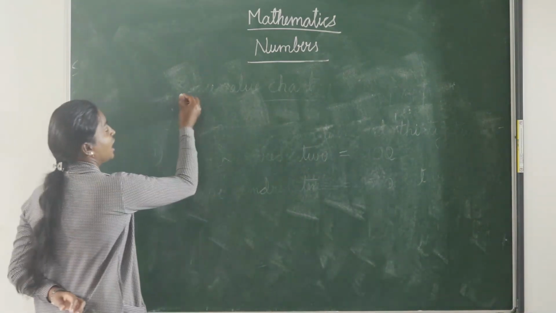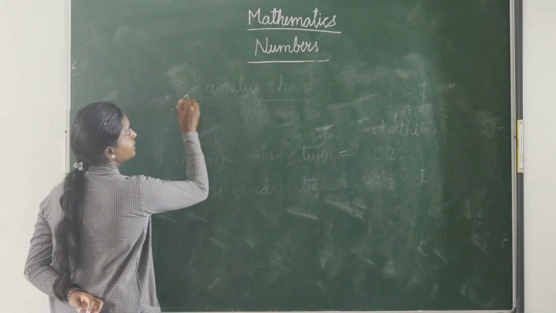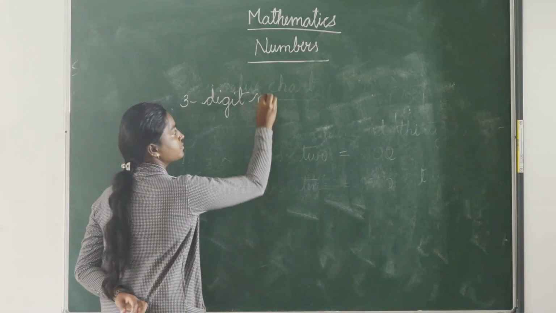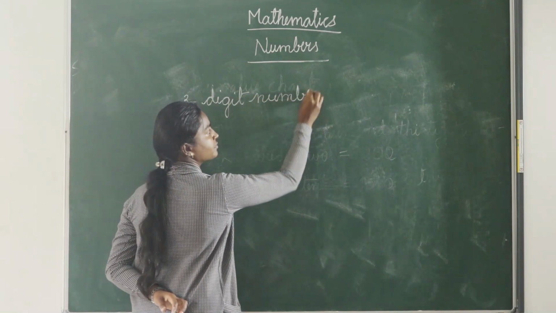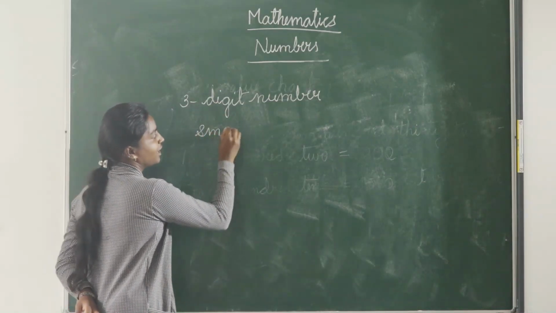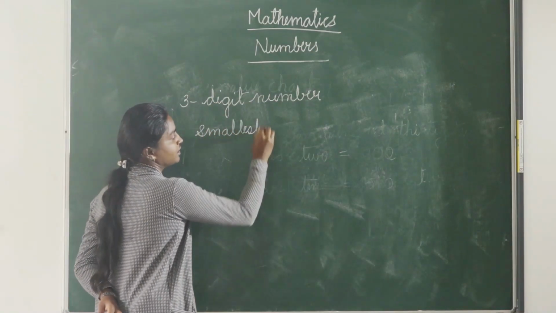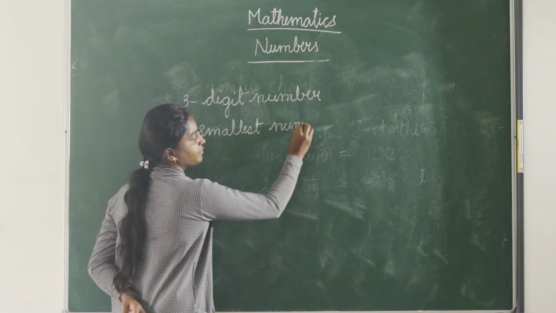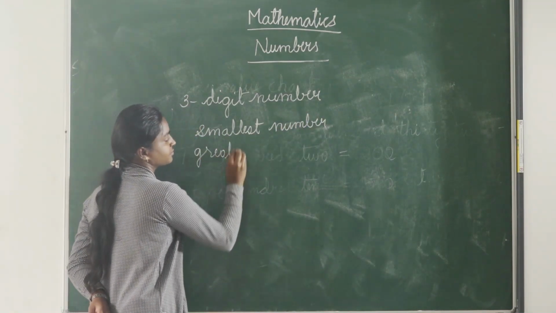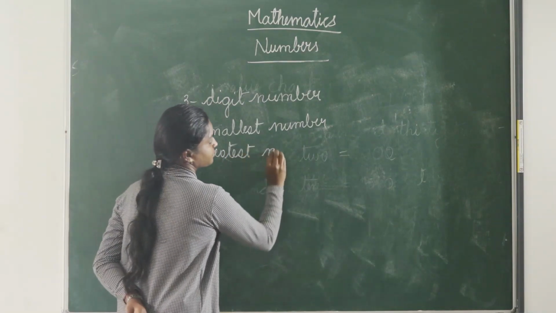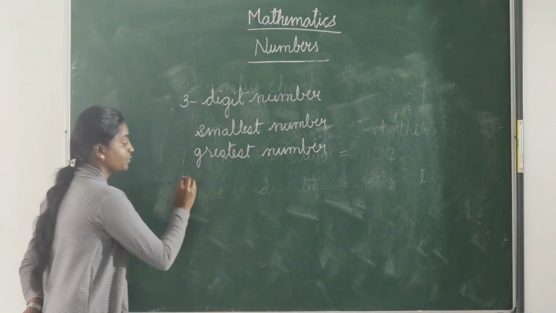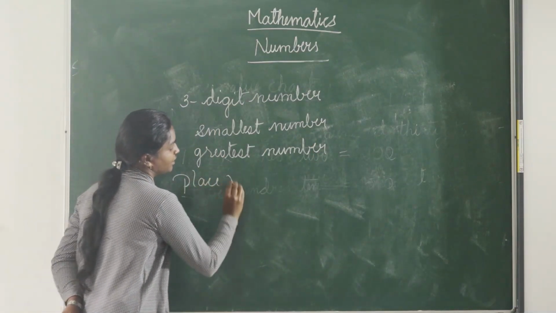So in today's class, what have we learned? We have learned what is the meaning of a 3-digit number, in 3-digit numbers which is the smallest number and greatest number. Then we have learnt about the place value chart.